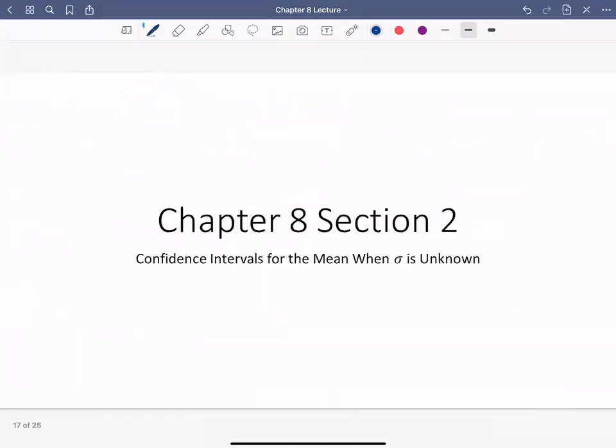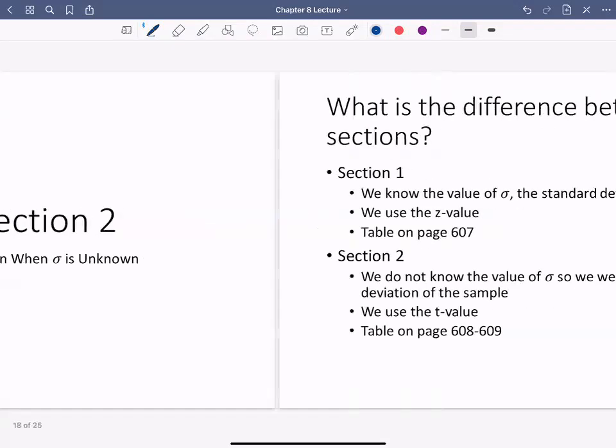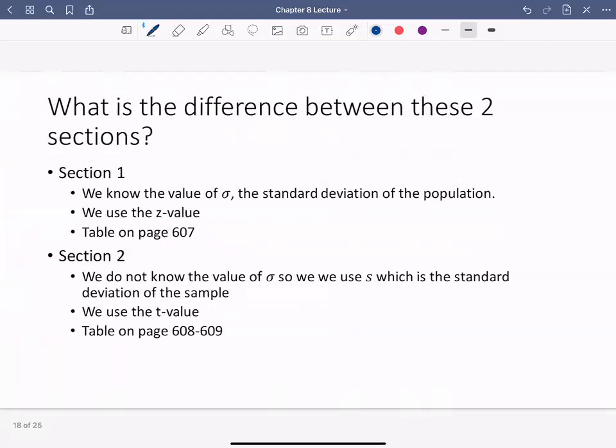All right, so the next section is when sigma is unknown. You do not know the standard deviation. So let's talk about the difference between the two sections. Section 1 is we know the value of the standard deviation of the population, and so we use the z-value table, which is on page 607 of our textbook. Or we go to section 2, where we don't know the standard deviation of the population.